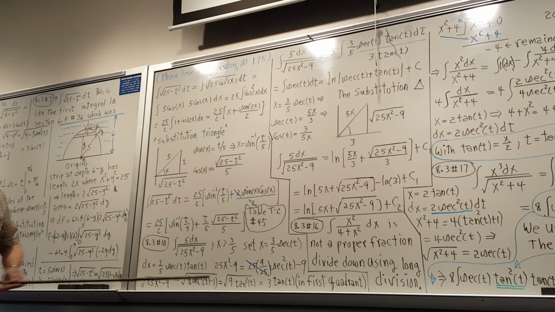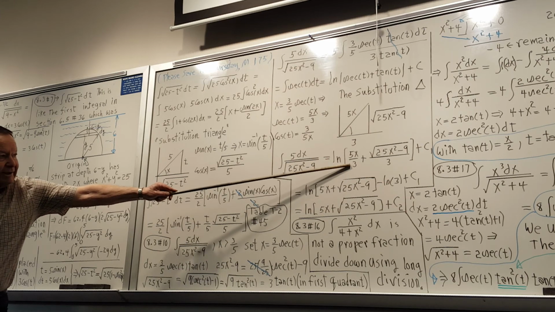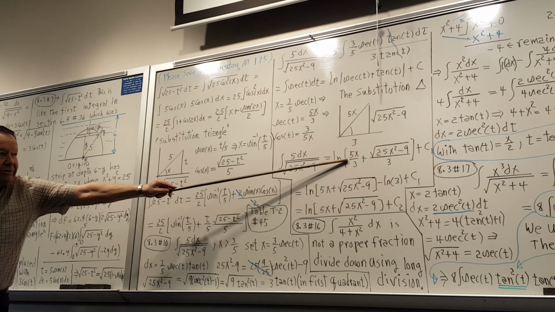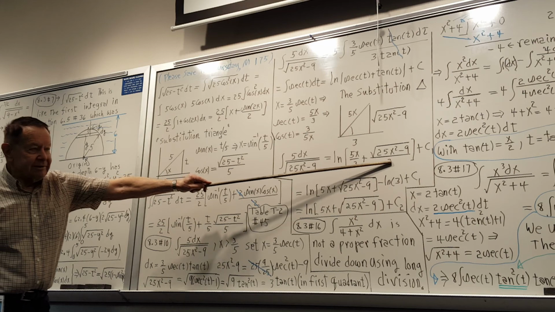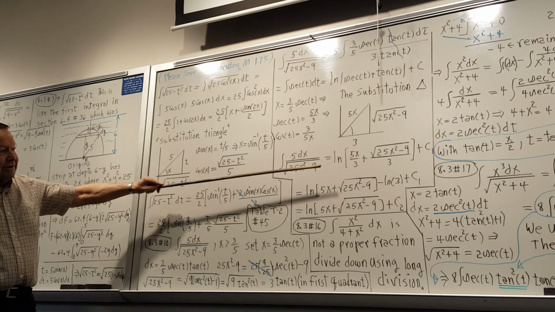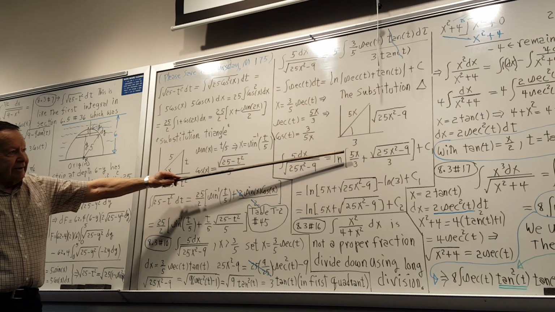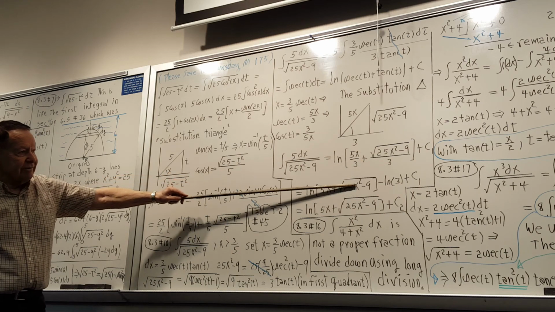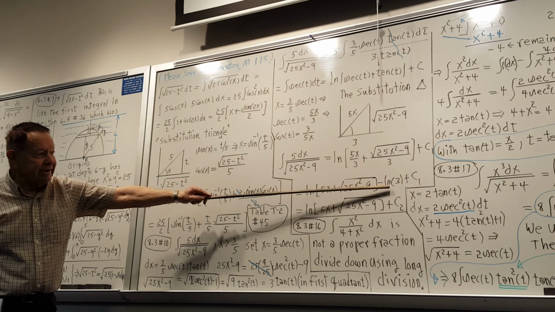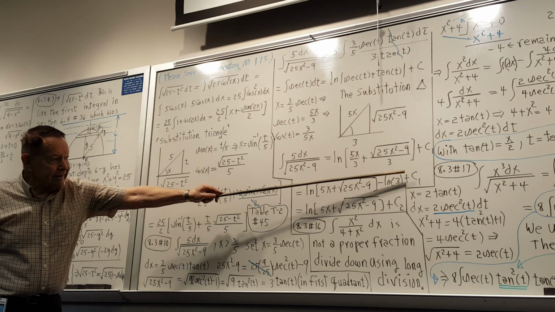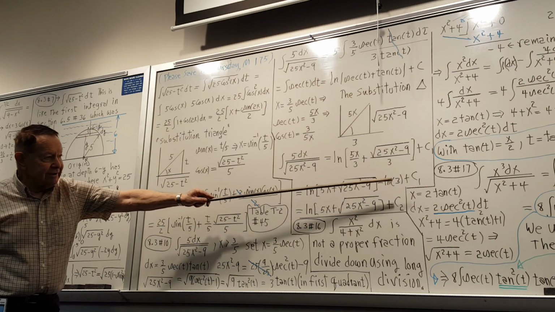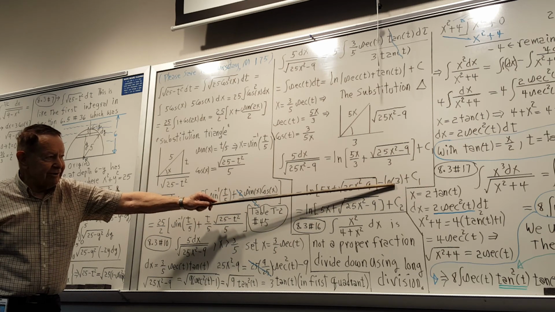So finally, you could write this. Now you can play the same game again with logs. So you have a common denominator. So you have log 5x plus the square root minus log 3. And then a new constant is the original one minus log 3.